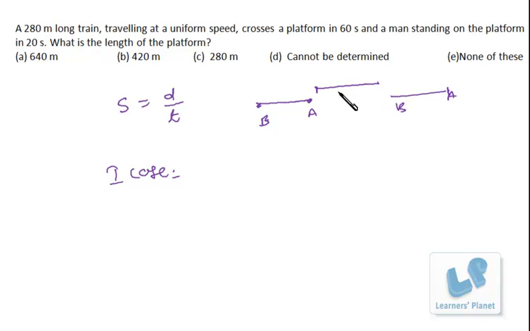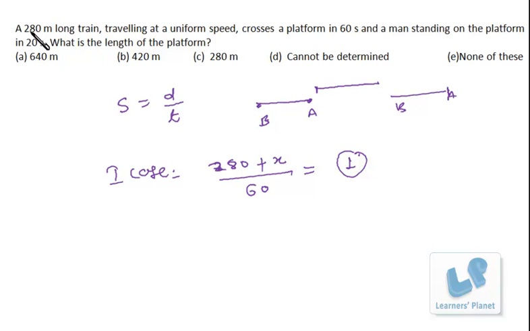So the total length is length of the platform plus length of the train. The length of the train is 280 meters, but we don't know the length of the platform, so I assume it to be x. And the time is 60 seconds. So it's the first equation, I suppose.